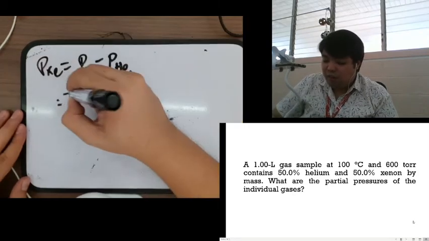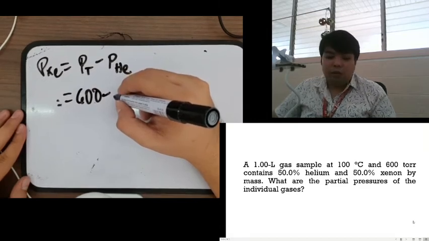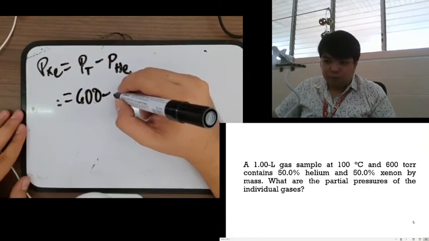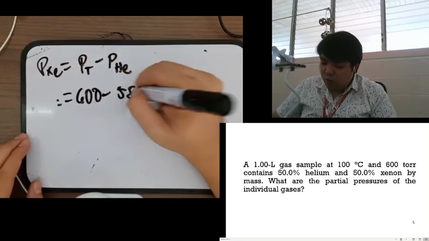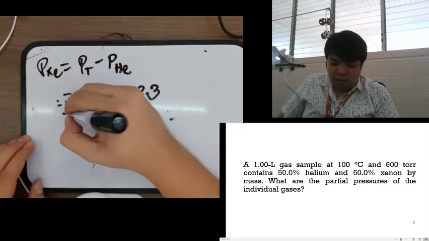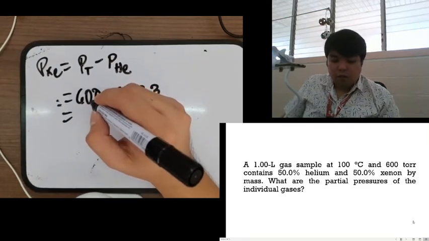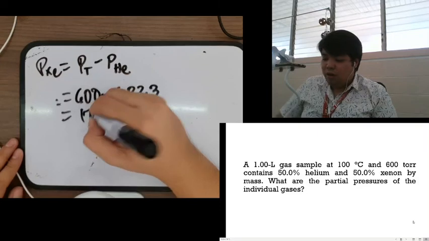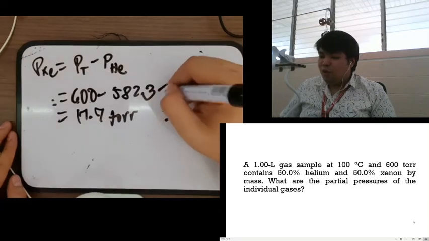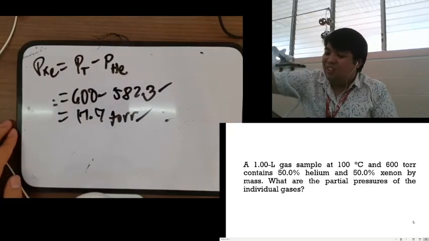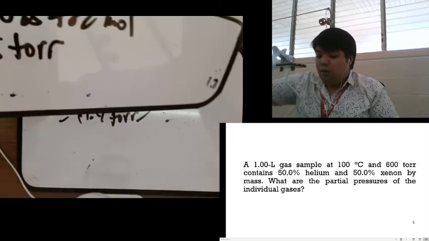So, 600 minus 582.3 is equal to 17.7 torr. Either way, it doesn't even matter, they are the same. But I like making my life difficult. Joke. I do it one by one. Either way, both will do.